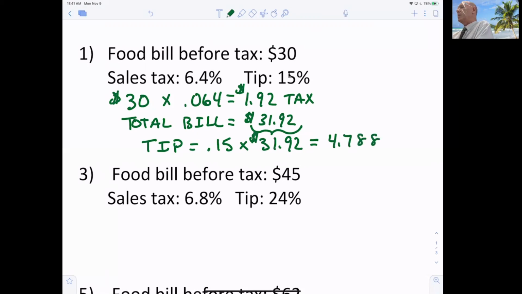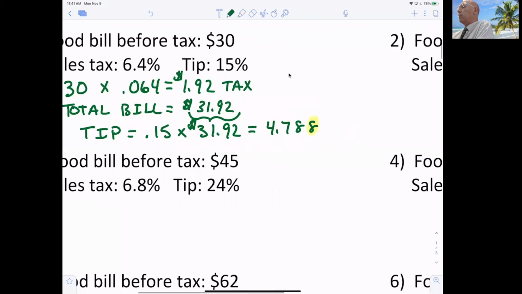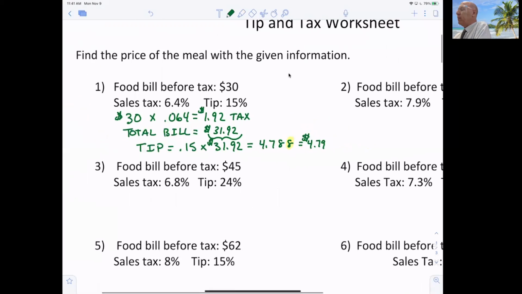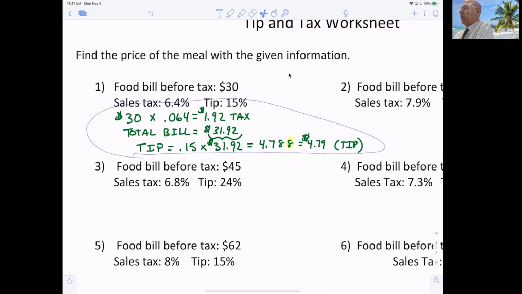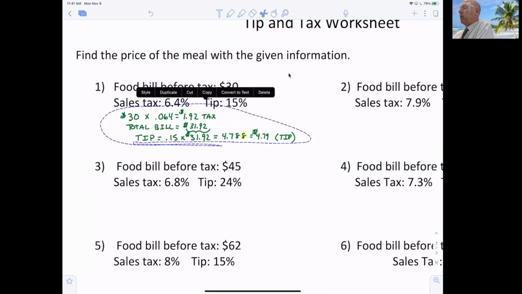So this is not rounded properly, so I have to change it to $4 and what? $4.79. And what does 4.79 represent again? That just represents the tip that you're going to leave the waitress or waiter. Everybody okay with that?